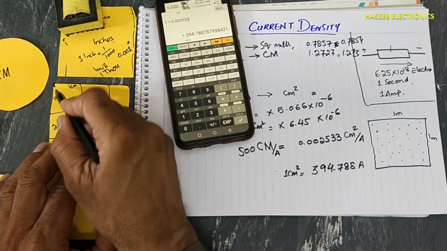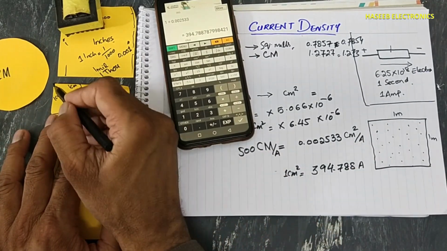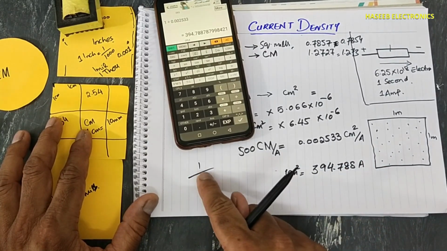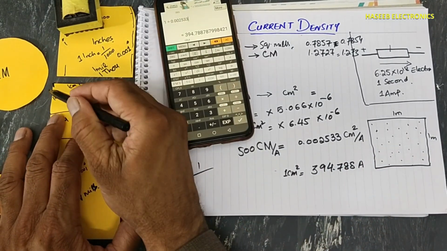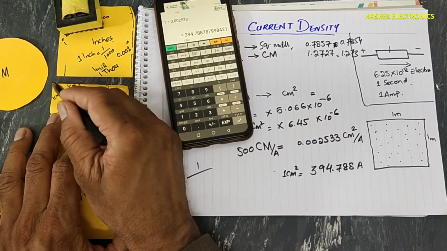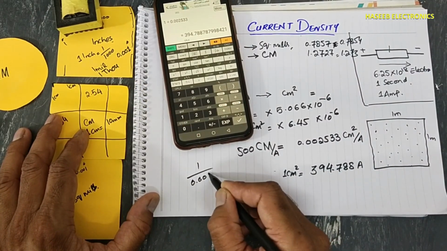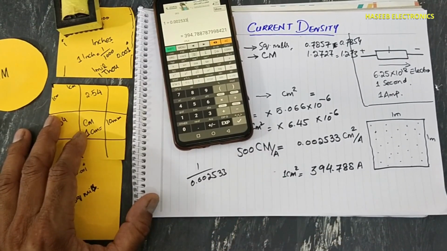Why? Because we allocated this area for 1 ampere, and now we divide 1 centimeter square over this wire area, 0.002533.